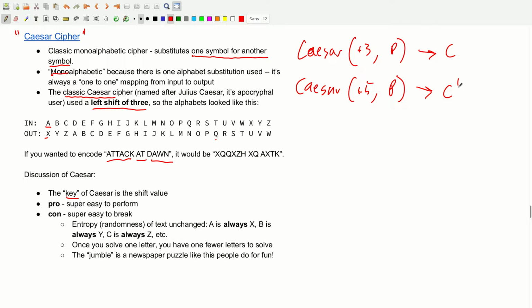The entropy or the randomness of the text is never changed. A is always X, B is always Y, C is always Z, and so on, right? So if you look at this, you see a letter followed by a double letter, followed by the same first letter, followed by 2 other unique letters. So, we could say, what could we learn about the plain text here? Well, the first and fourth letters are the same.